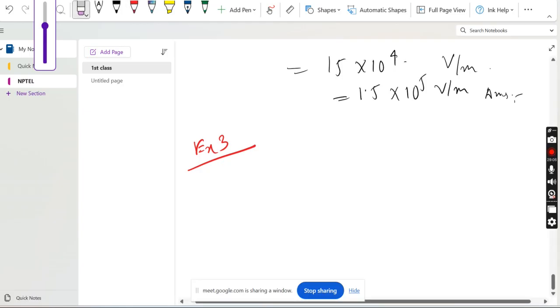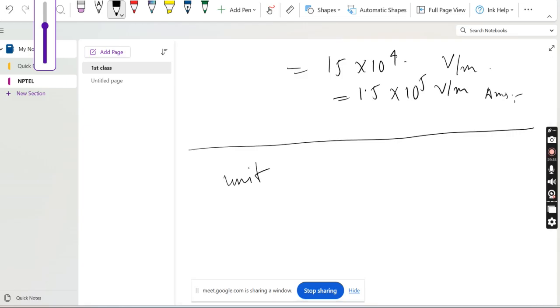So before we dive into example 3, I want to discuss the units for electric field and magnetic field.